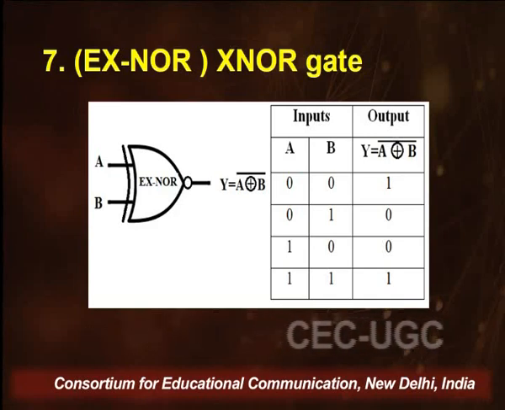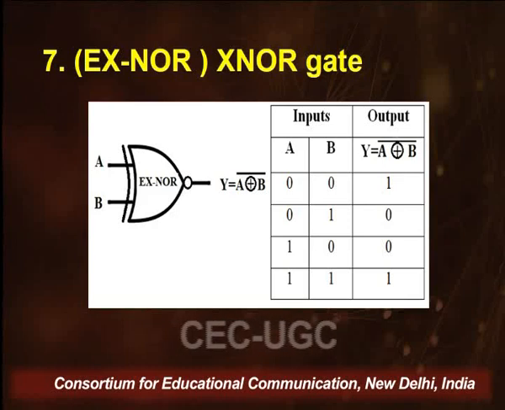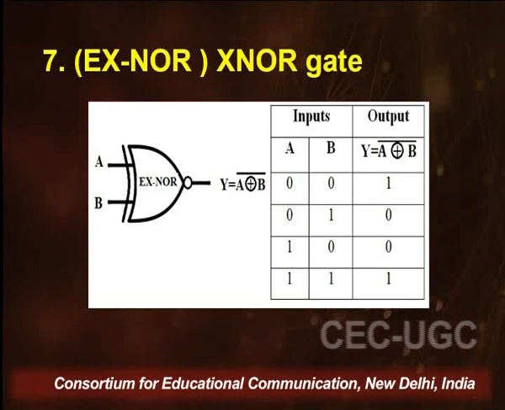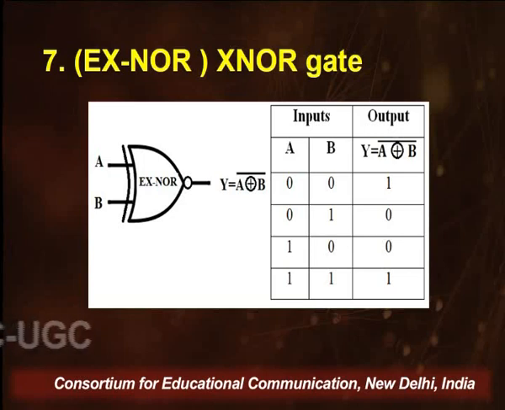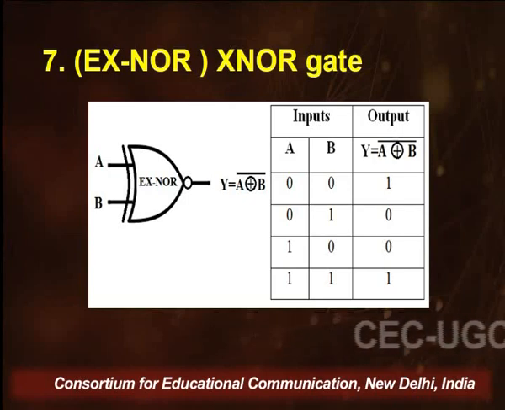Again, the same rule follows. The minimum number of inputs will be 2 and it can be more also. The output here is represented as Y is equal to A plus B, again the encircled plus, to show the exclusivity, and we have the bar over it, which shows it will be the reverse of the result that we are getting in the previous gate.